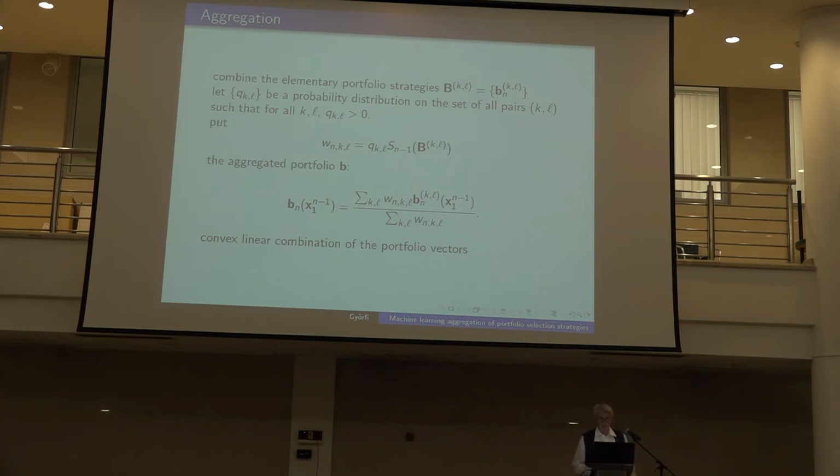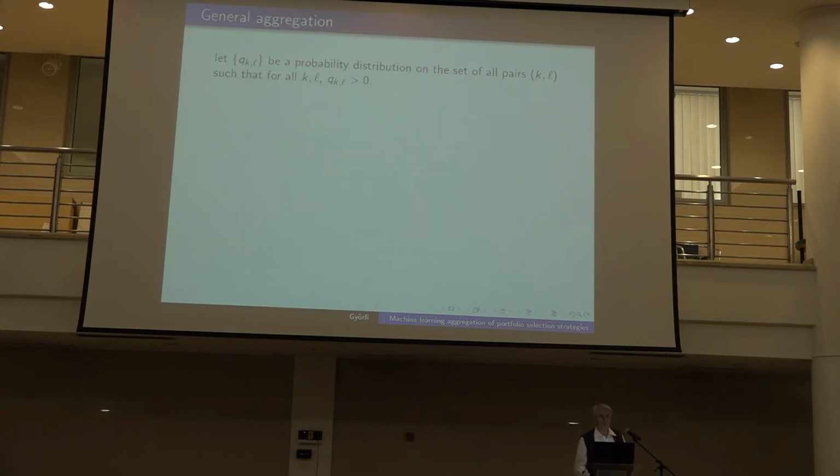What is the suggestion? Choose an arbitrary probability distribution Q and introduce a weight. And with this weight, we take the convex linear combination of the portfolio vector. The general aggregation is as follows.